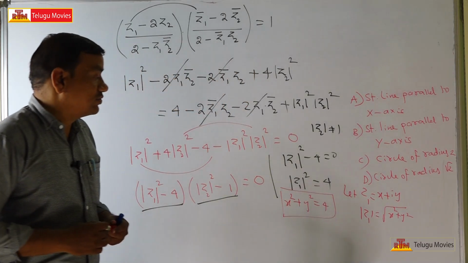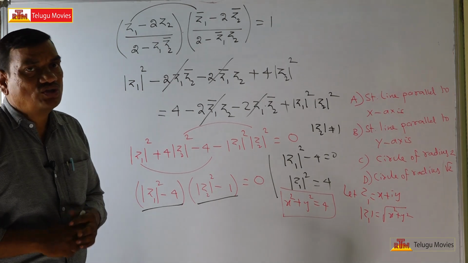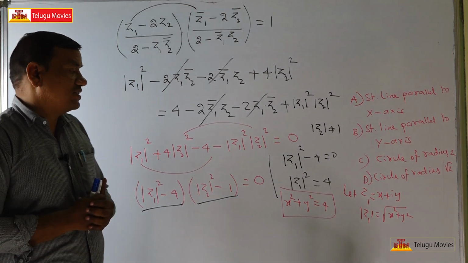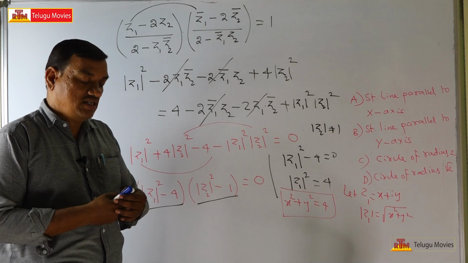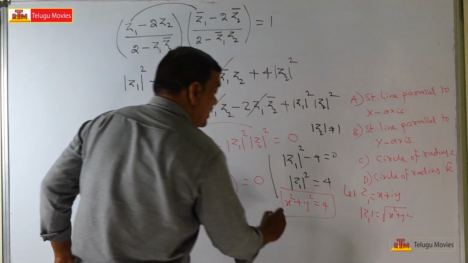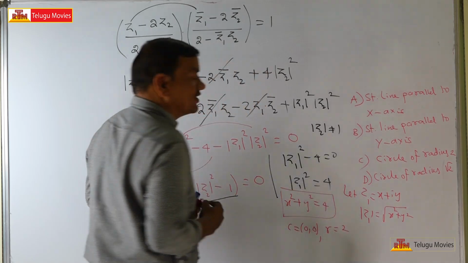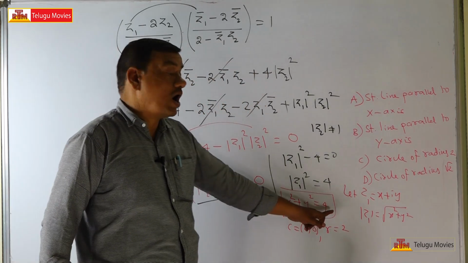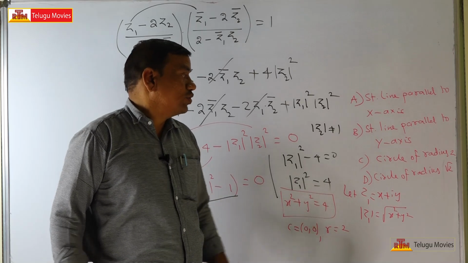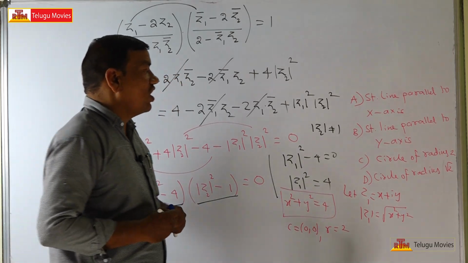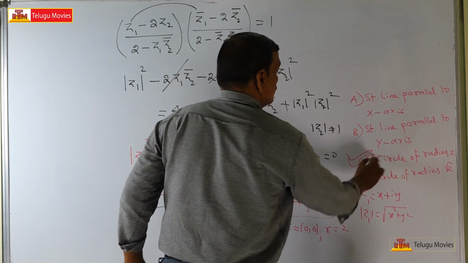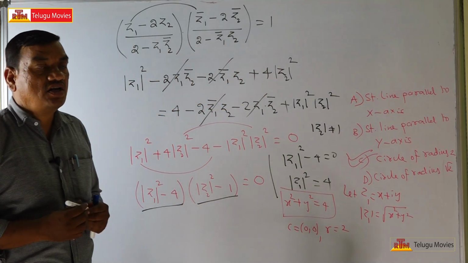So we got x square plus y square is equal to 4, which is clearly a circle with center (0, 0) and radius 2, of the form x square plus y square is equal to r square with r equal to 2. So our answer is a circle of radius 2. Circle of radius 2 is our right answer.